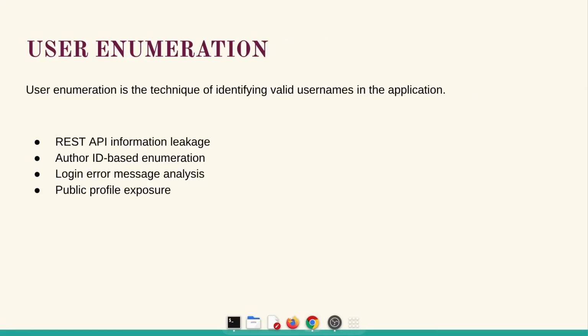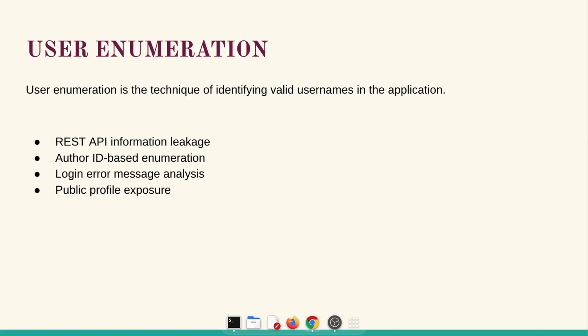User enumeration means the process of identifying valid usernames in an application to prepare for further attacks like brute force or credential stuffing, eliminating blind guessing and enabling targeted attacks, often completely unnoticed by a defender.